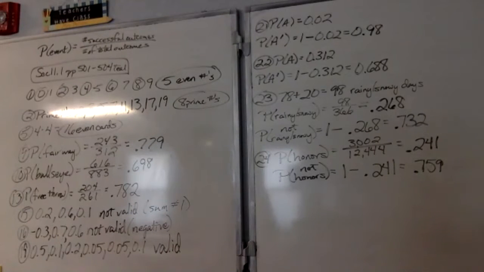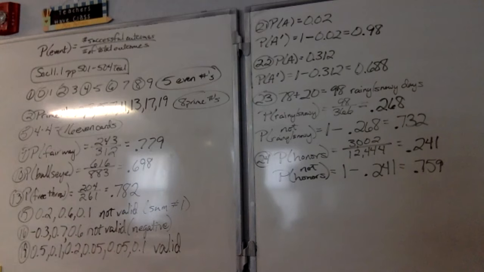So if you had actually read through section 11.1, mutually exclusive means the probability of the one event has no impact on the probability of the other.